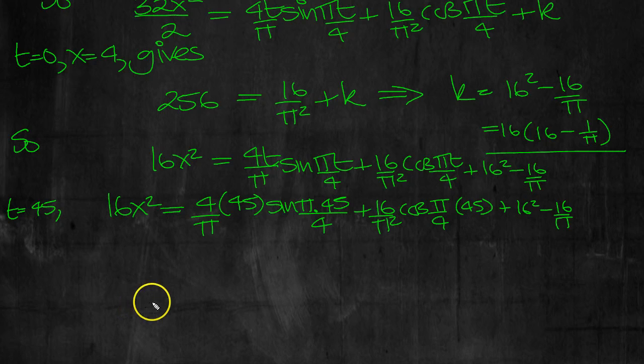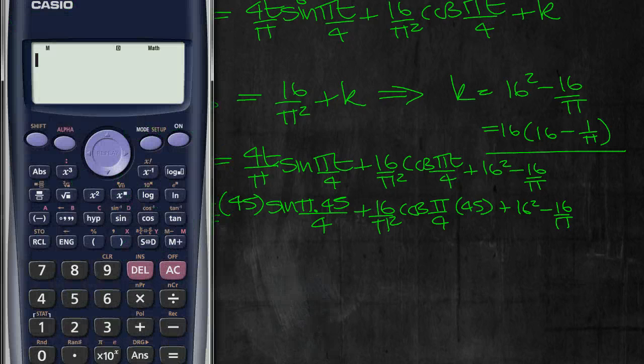Now we need to type this in. So that's 16x squared, and then we'll divide by 16 and square root. Okay, let's have a go at this. So it's 4 divided by pi times 45 times the sine of 45 pi divided by 4, close bracket, plus 16 divided by pi squared.